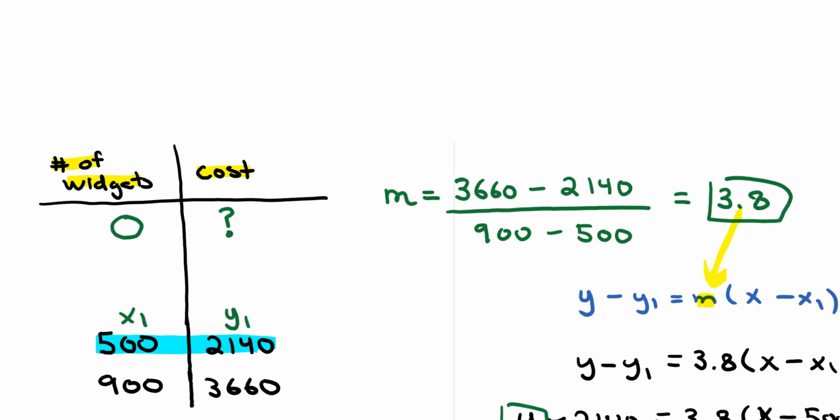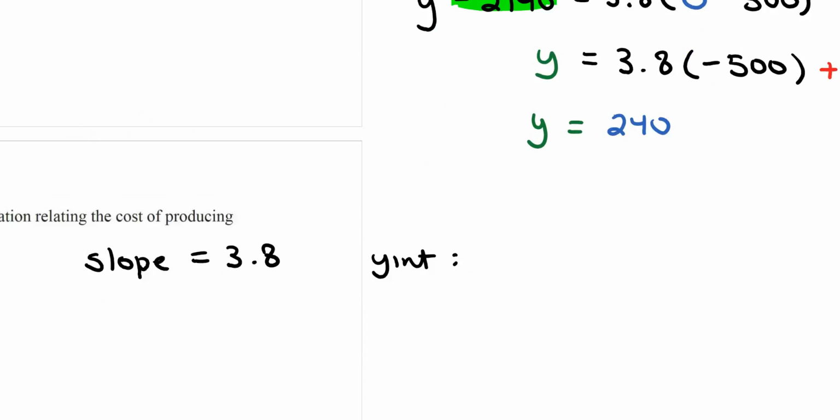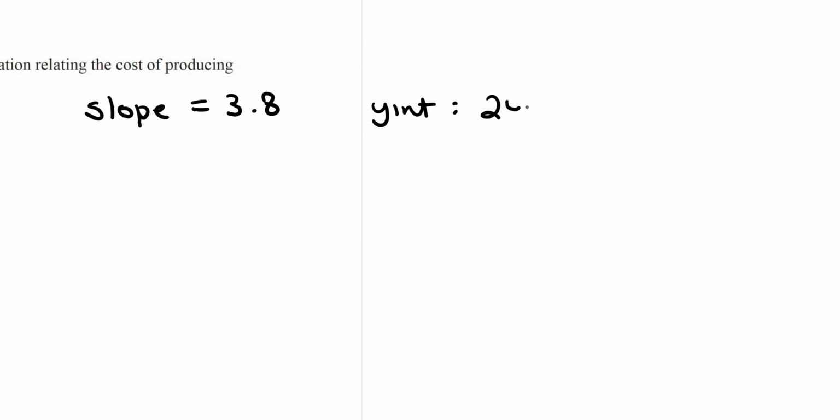Find an equation relating the cost of producing the widgets. Okay, so I know my slope from part A. The slope was 3.8, and I know the y-intercept. If I go back again, the y-intercept was 240, right? So finding the equation of the line isn't too hard. It's just y equals mx plus b.